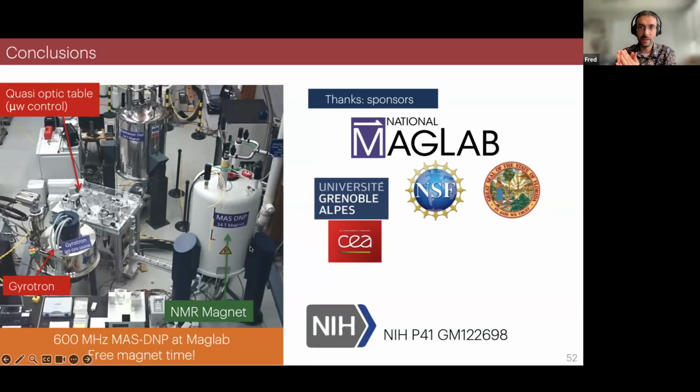In the cellulose example I showed, it appears that when the radical is a little stuck, in other words, it's not as mobile, so the lines are less narrow, then the enhancement is lower. I think this is due to a change in the local dynamics, so the glass formation is not as good once you freeze it, when you have this type of behavior.